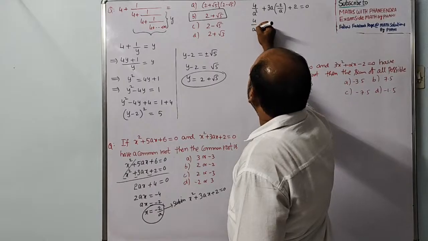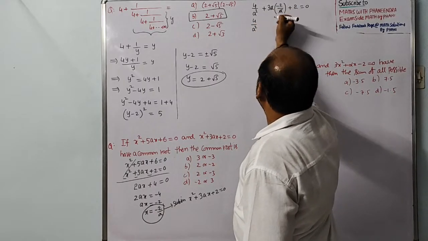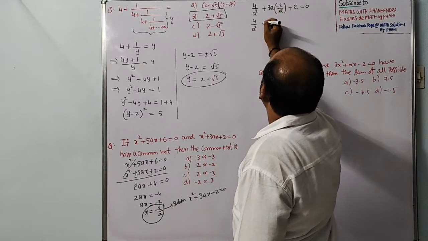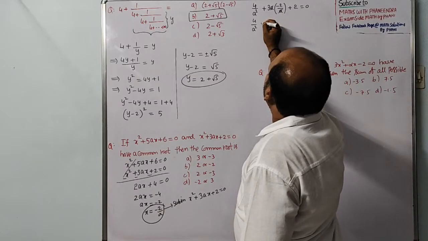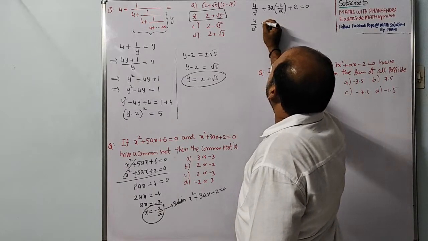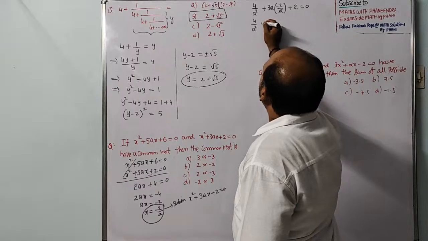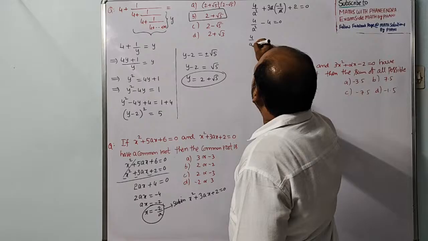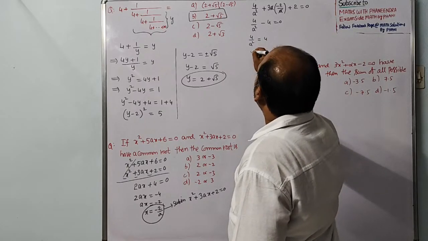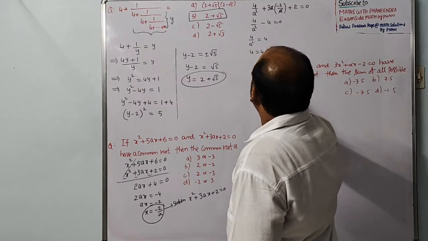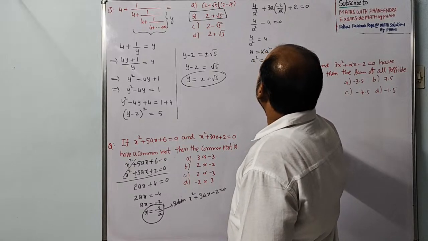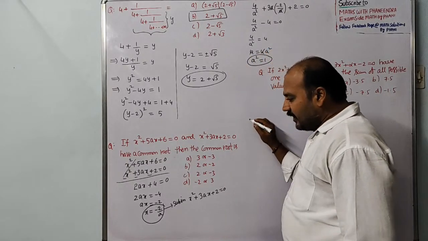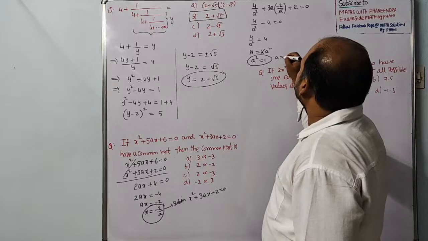So 4 by a square, a gets cancelled, minus 6 plus 2 means minus 4 equal to 0. So 4 by a square equal to 4. 4 equal to 4a square. 4 gets cancelled. a square equal to 1. a equal to plus or minus 1.